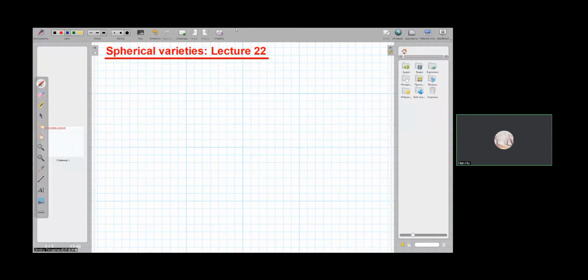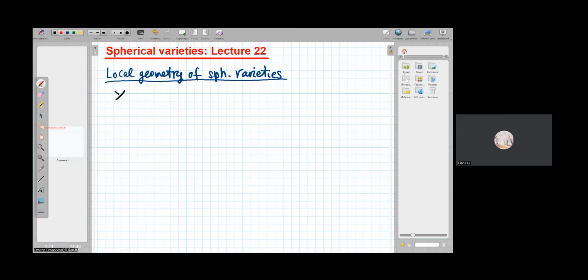Let's start. Today, I would like to discuss some issues on the local geometry of spherical varieties. I will retain my usual notation.